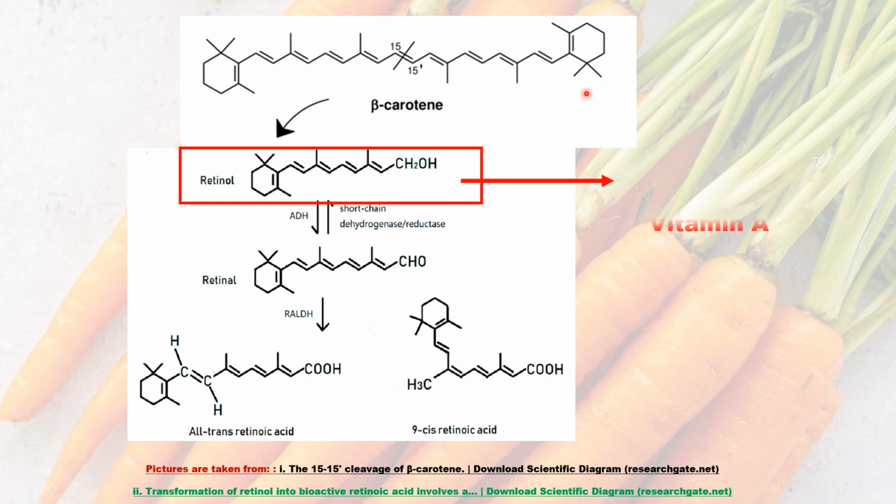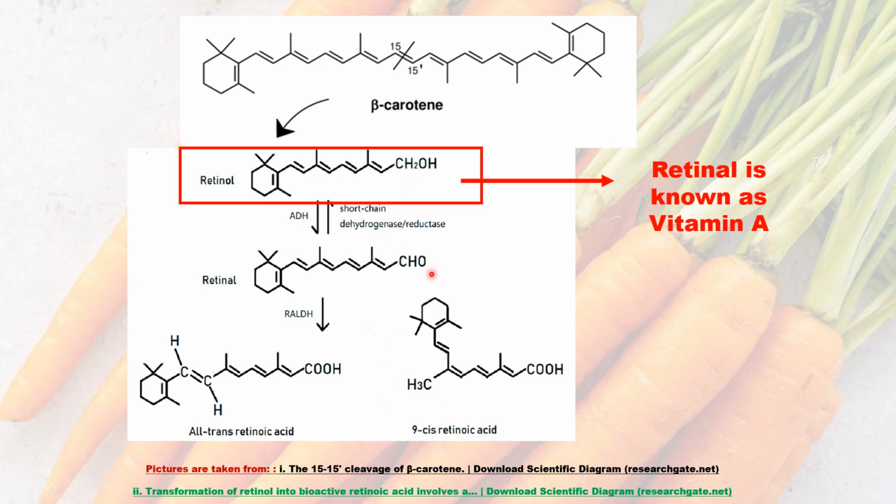We all know that beta carotene is available in carrots, papaya, usually all orange color fruits and vegetables. When we consume beta carotene, inside the human body it converts to retinol.